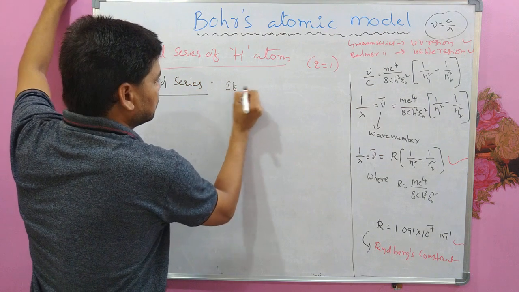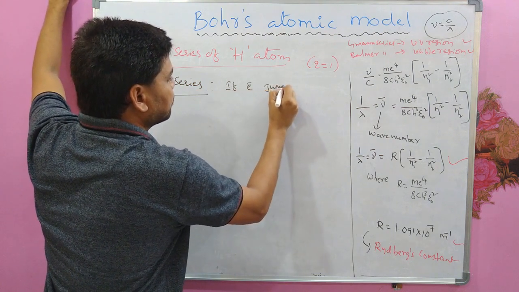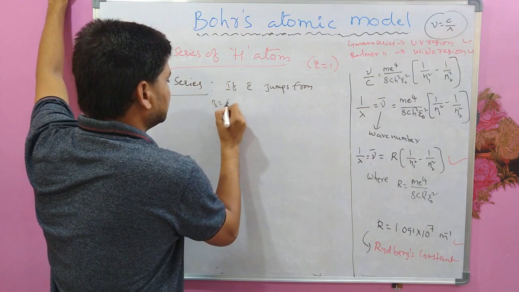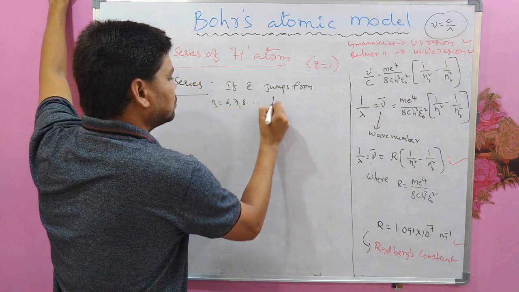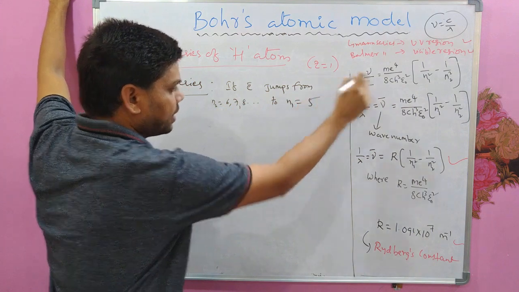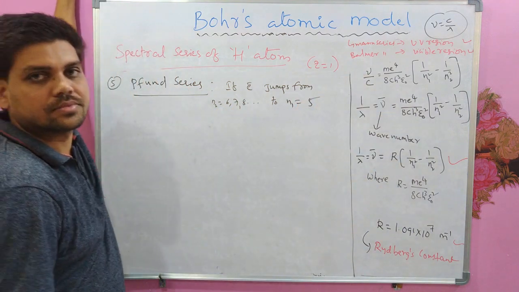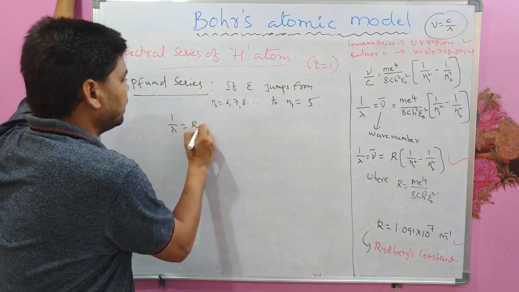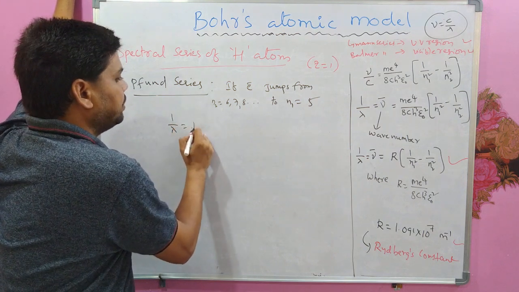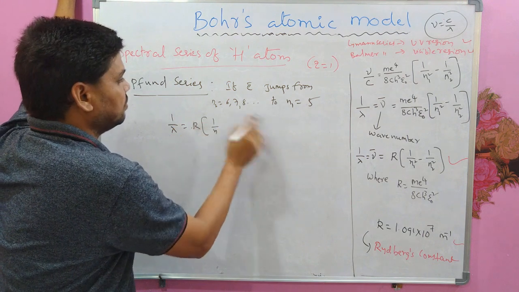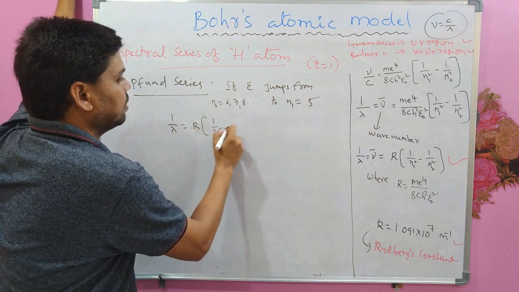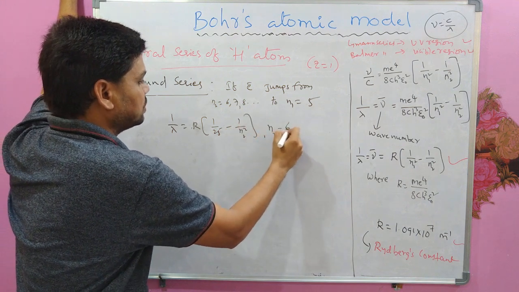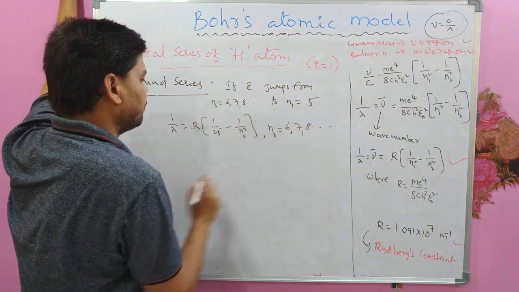If the electron jumps from n2 equal to 6, 7, 8, and so on, to n1 equal to 5, we get this series, and 1 by lambda equal to R into 1 by 25 minus 1 by n2 square, where n2 equal to 6, 7, 8, and so on.